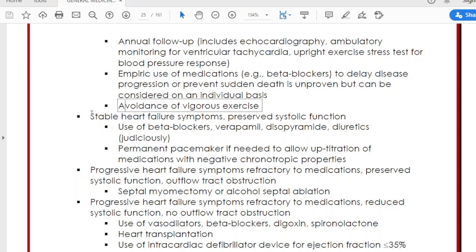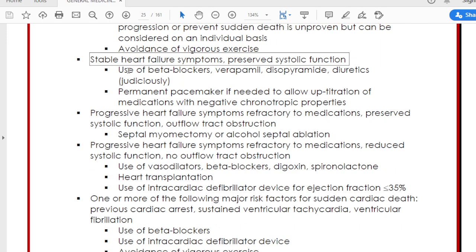Avoidance of vigorous exercise. Stable heart failure symptoms, preserved systolic function: use of beta blockers, verapamil, disopyramide, diuretics judiciously. Permanent pacemaker if needed to allow up-titration of medications with negative chronotropic properties.